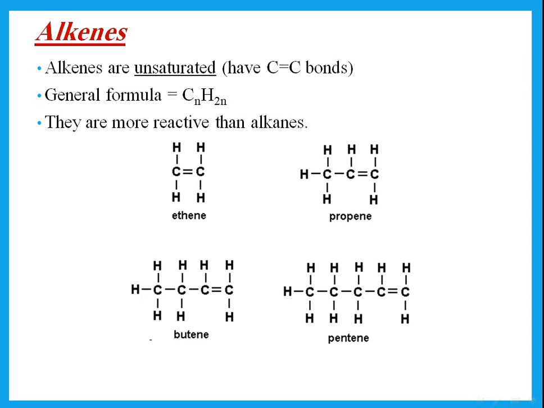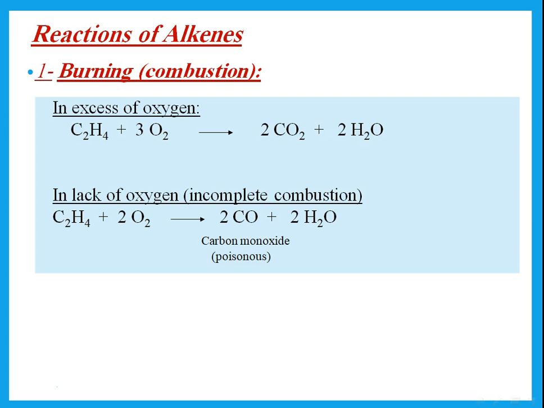And always remember that alkenes are more reactive than alkanes, so they're going to do more reactions. This is because it's easier to break the double bond and react with it than to break just the single bonds in the alkanes. So these are the alkenes: ethene, propene, butene, pentene.